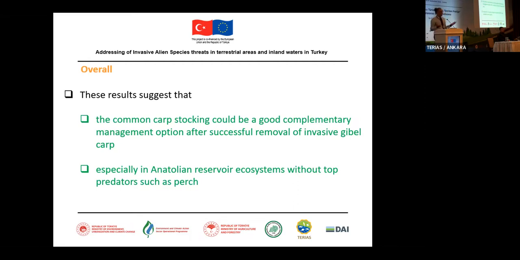So maybe there would be control programs or something. They say, no, we like this fish species, so we don't want you to touch them. So this is another problem maybe we should be focusing on.